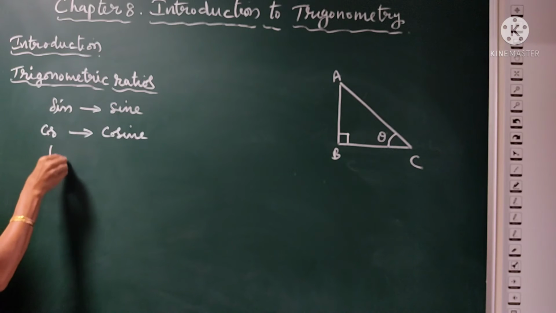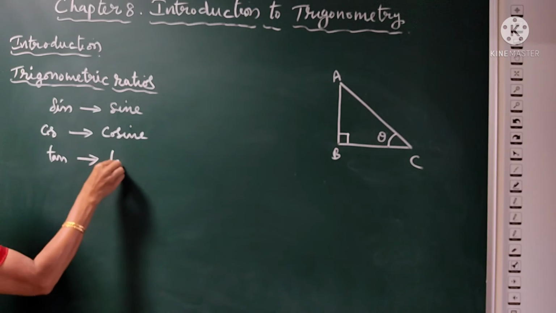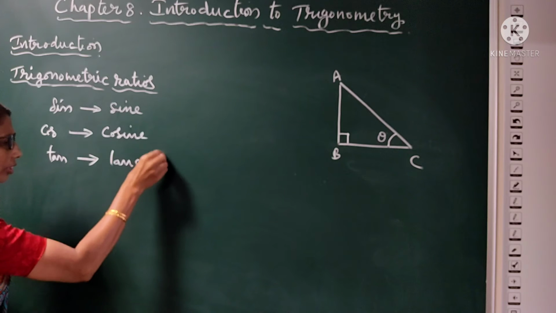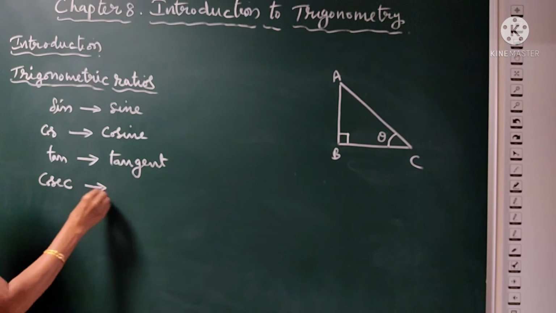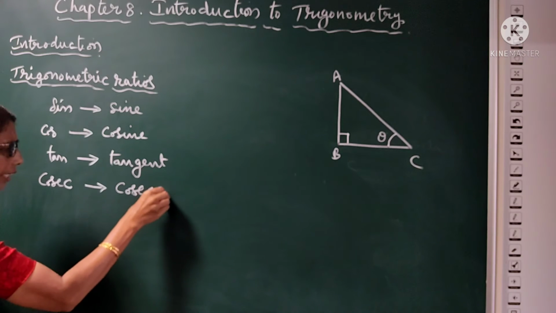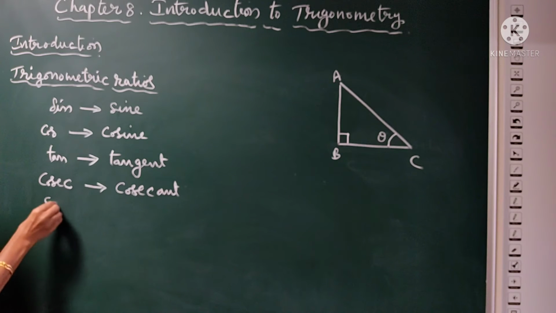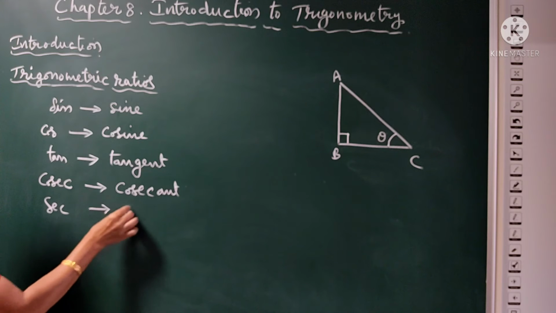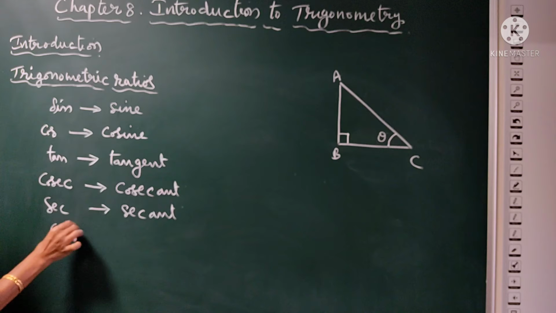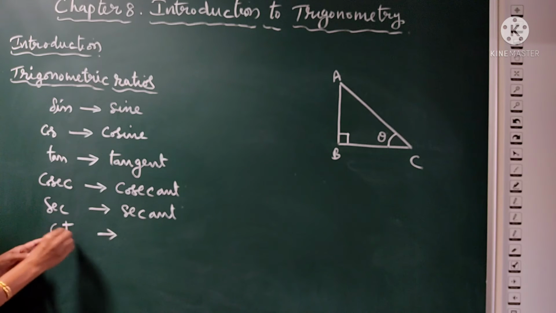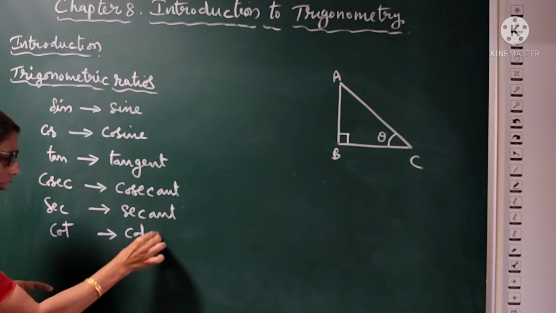Next, the third one is tan. The full form of tan is tangent. The fourth one is cosec, the full form is cosecant. Next is sec, it is secant. And the last one is cot. We consider cot as cotangent.